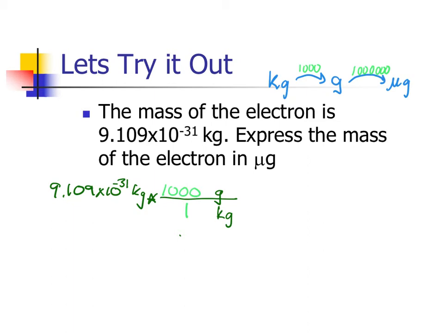Now, by the power of algebra, those cancel out, or ratio out to 1. Either way of saying it is pretty close to the same. We then see, okay, now I have grams. I look up here and go, I'm here, now I need to go here.